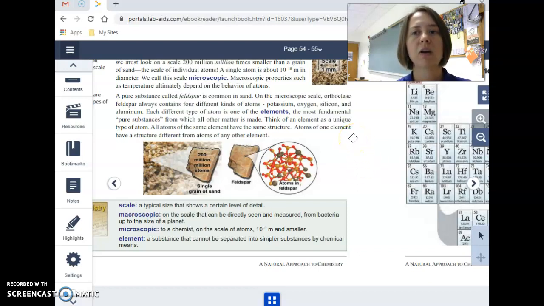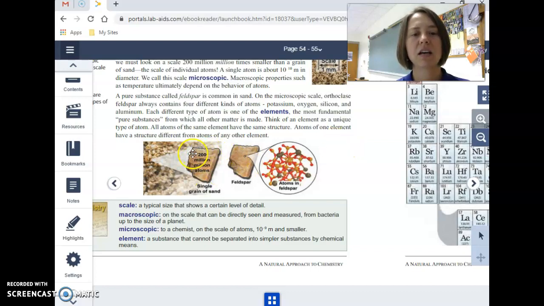So when we're talking about atoms and molecules, we are definitely on the microscopic scale. It's almost too small for us to imagine how small they are. So if you take a single grain of sand and cut that up in 200 million pieces, then that would be the size of an atom.